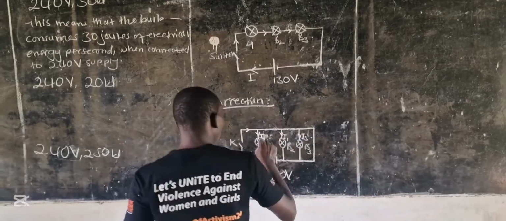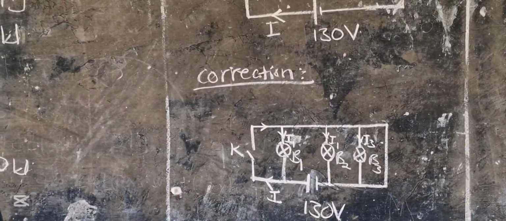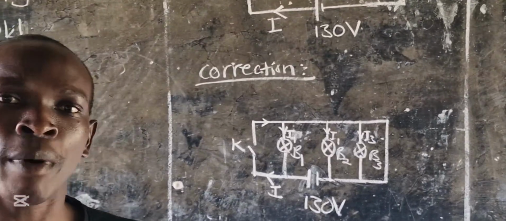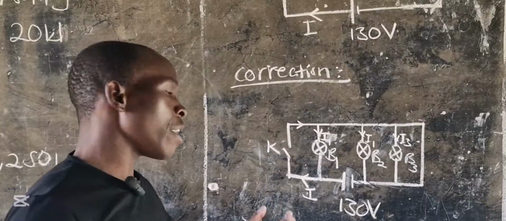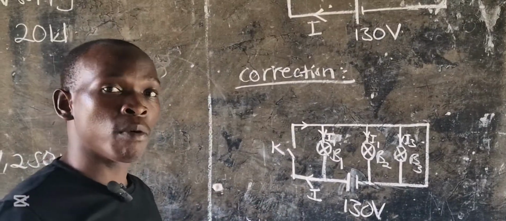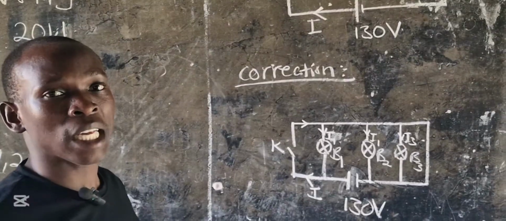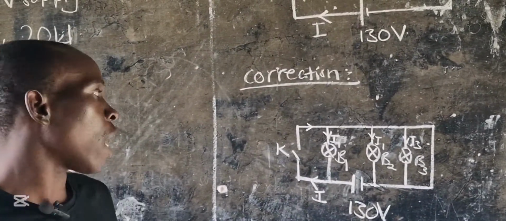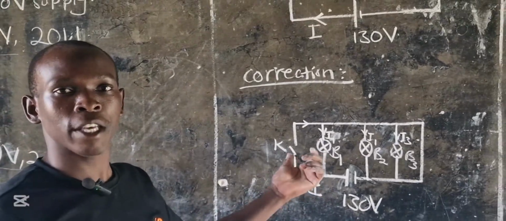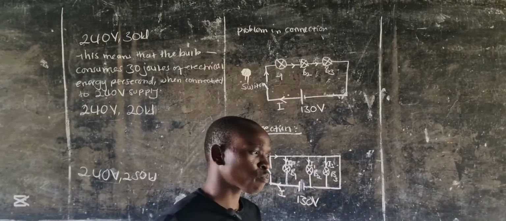So in conclusion here, you can say, I advise the parent to use parallel arrangement. Then you explain furthermore. In parallel arrangement, if one bulb is faulty, it will not affect the rest of the bulbs as it will allow the flow of current to continue, as you've seen here. And you can even illustratively show them what you are talking about.